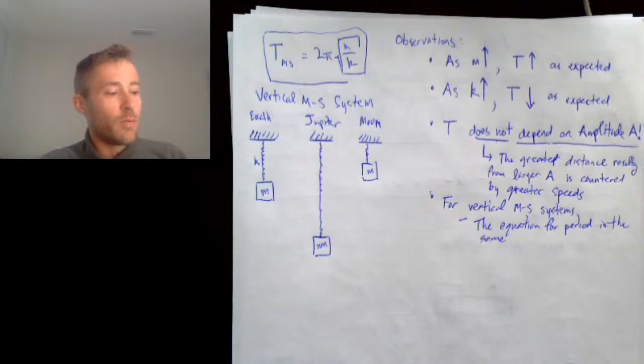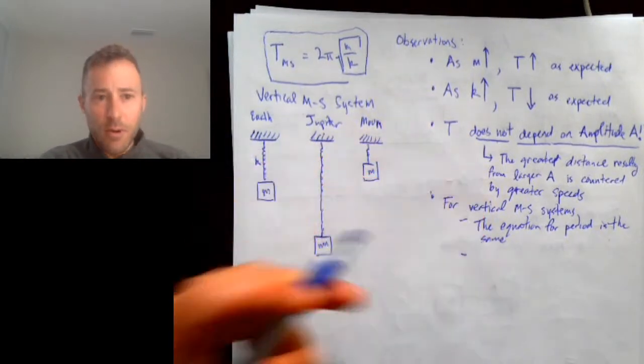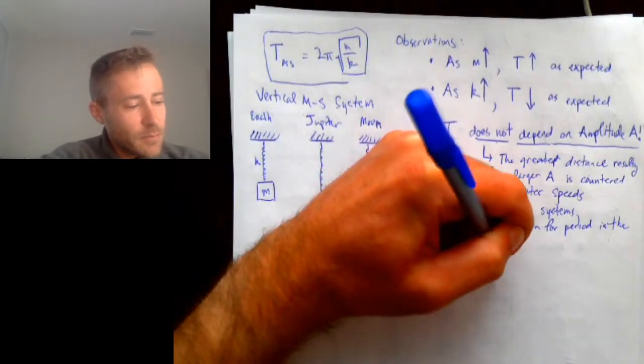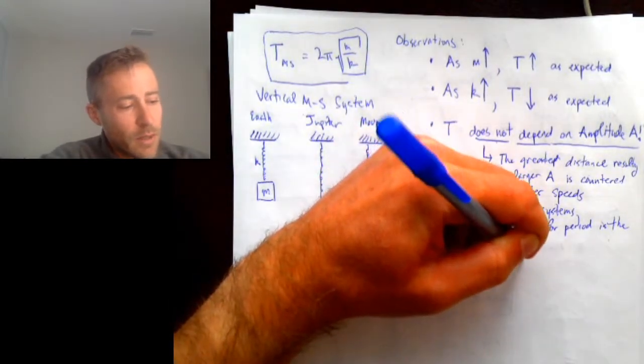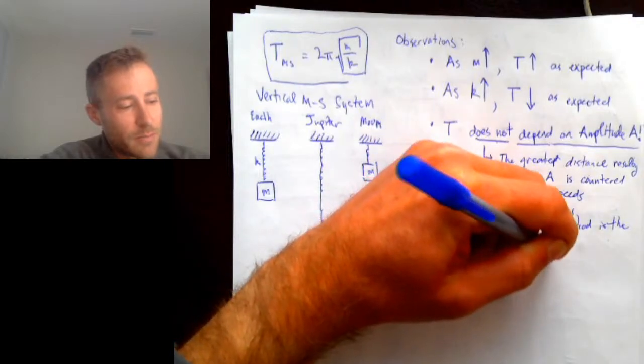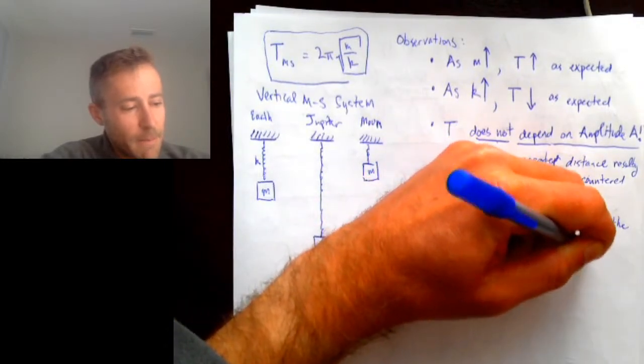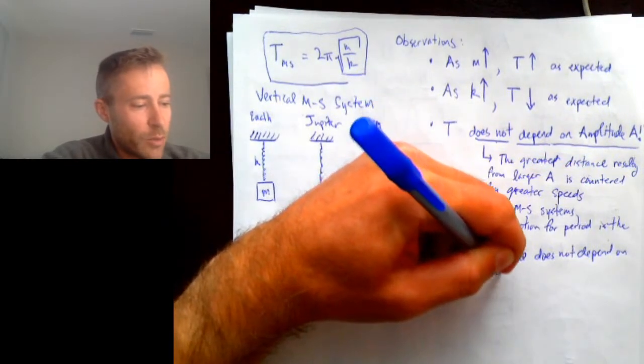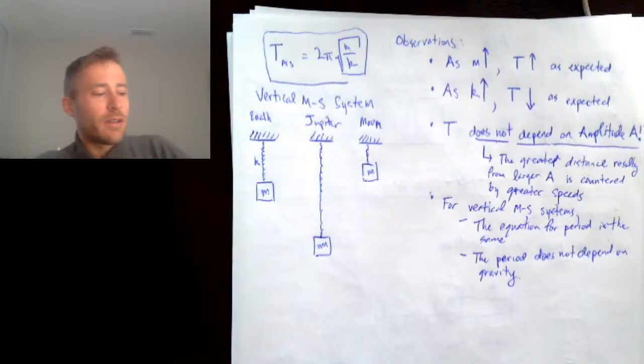And furthermore, if you have a vertical mass spring system, the period does not depend on gravity, which might seem, again, counterintuitive.